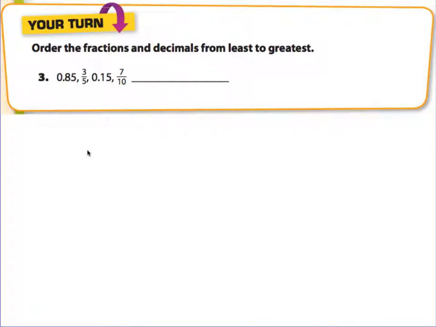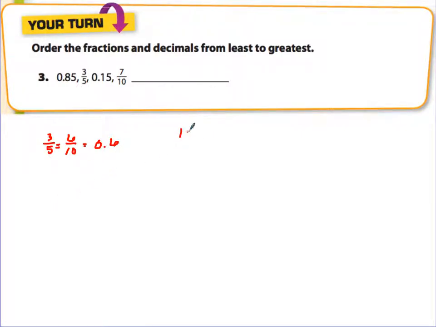All right, so to be honest with you, what I would do is I change my fractions to decimals because then I don't have to make common denominators. Okay, so I know 3/5 is equal to 6/10, which would give me 0 and 6/10.